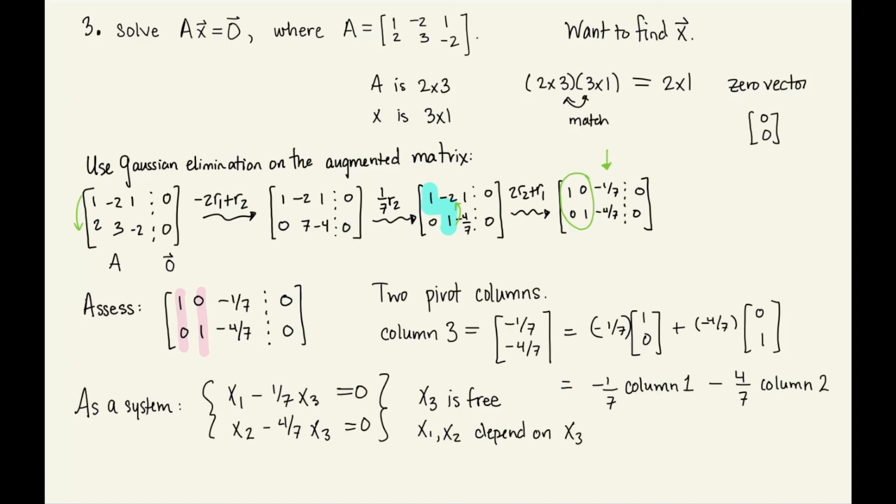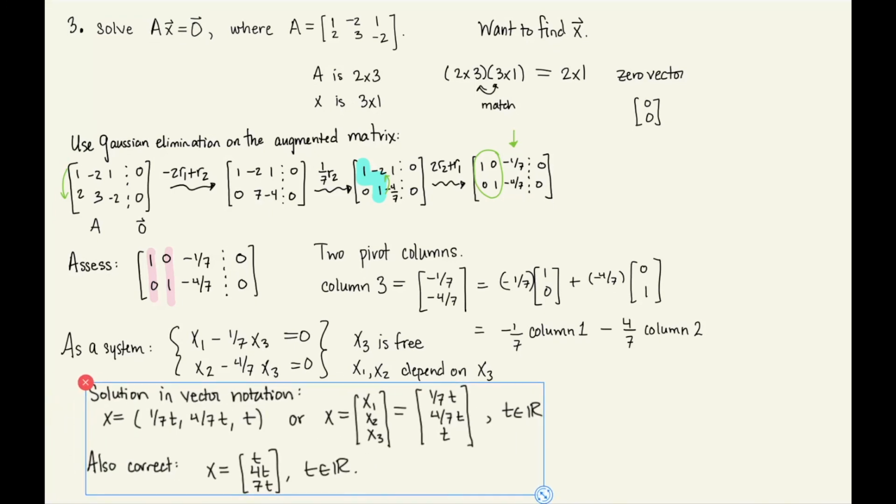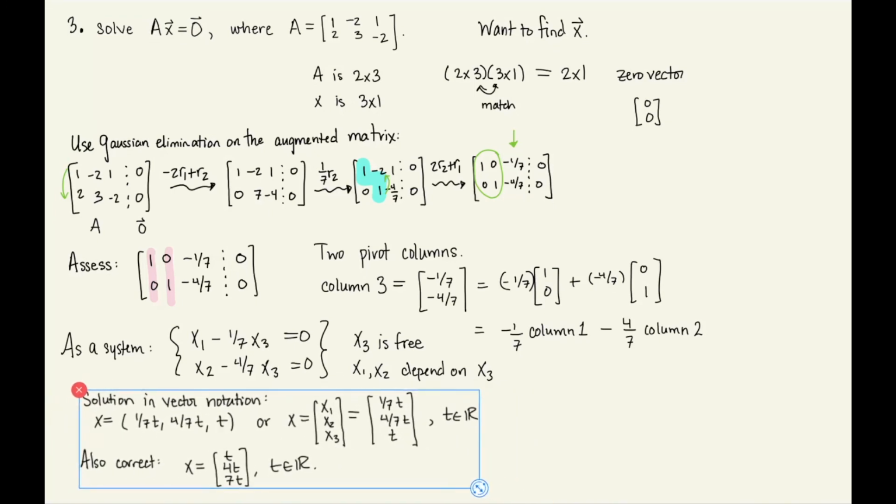When I go and I parameterize my system, I need to give a name to my free variable x3. So I would write down a general solution to this system of equations in the following way.